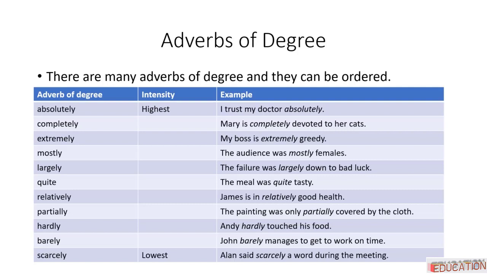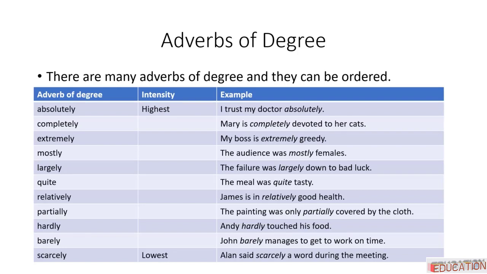But here's the thing. It's very difficult to objectively attach meaning to these adverbs of degree. It's a very, very subjective area. And one person might say hardly is less than barely. Well, I've put here barely being less than hardly. But the order is kind of accepted by most people.